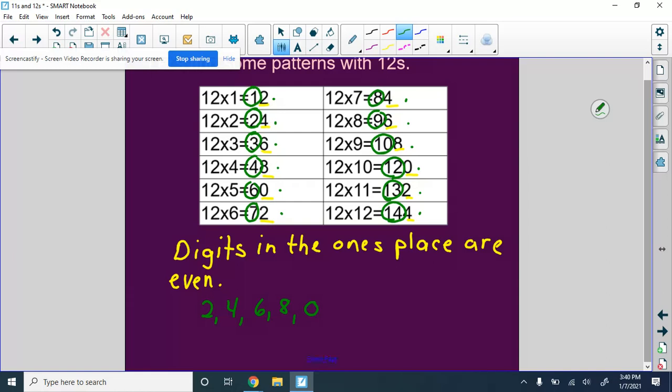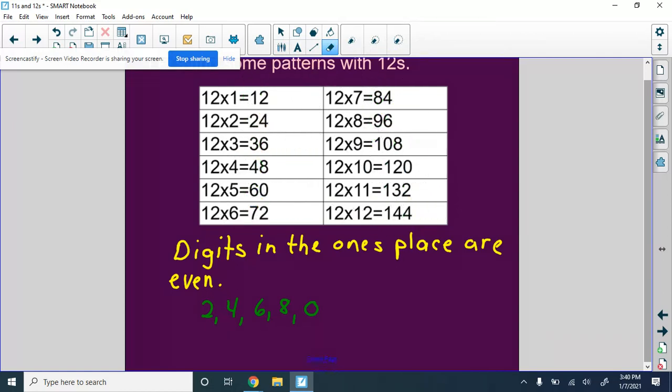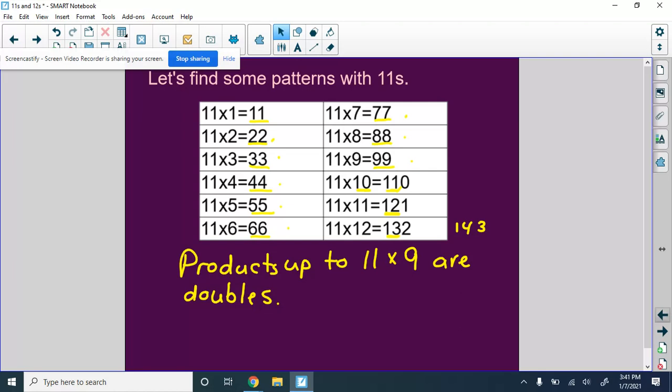The easiest one to see though is that all of the products are even. So all the multiples of 12 must be even. Now if I look back at the multiples of 11, nope, they aren't all even, but they aren't all odd.